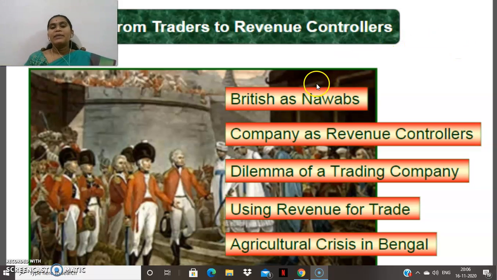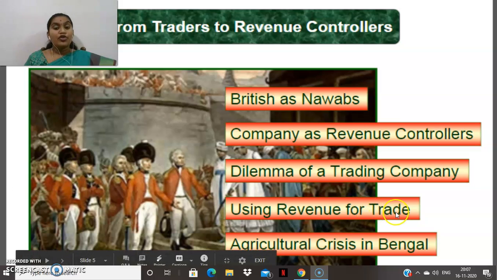Okay. We'll be seeing British as Nawabs, how they became Nawabs or Diwans. Then the company as revenue collectors: how this British East India Company turned into revenue collectors. And the dilemma of the trading company, that means the confusions in the mind of the East India Company. What were those confusions?